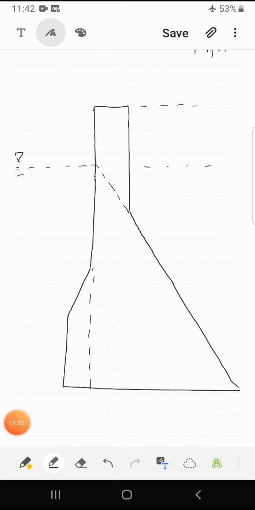Now I have drawn the cross section profile of this dam. Now I will note the data here. This is the high flood level and the level given is 1280 meters, and the level of base of dam is 1250 meters.